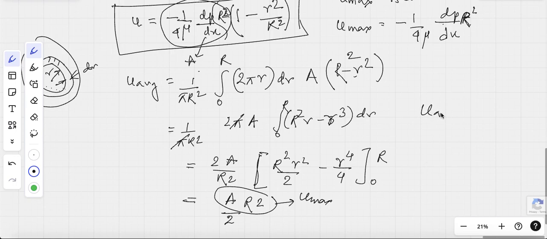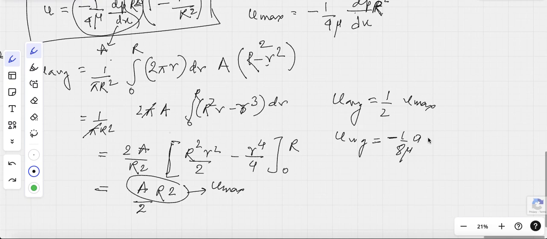So u average is equals to 1 by 2 u max. So u average is equals to minus 1 by 8 mu dp by dx r square, right?